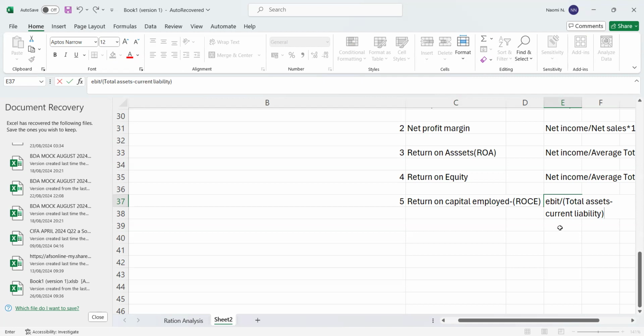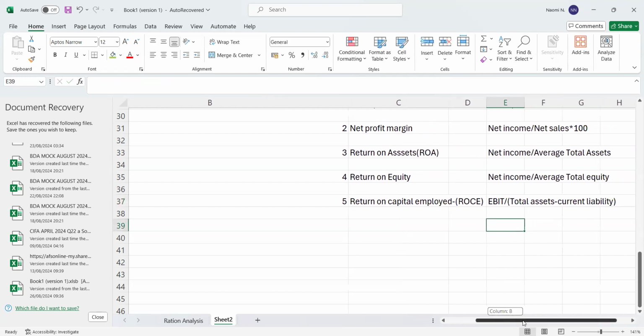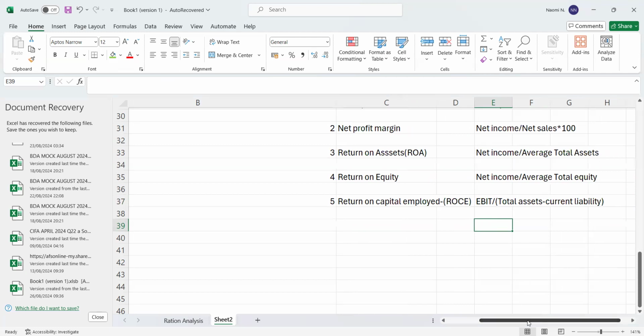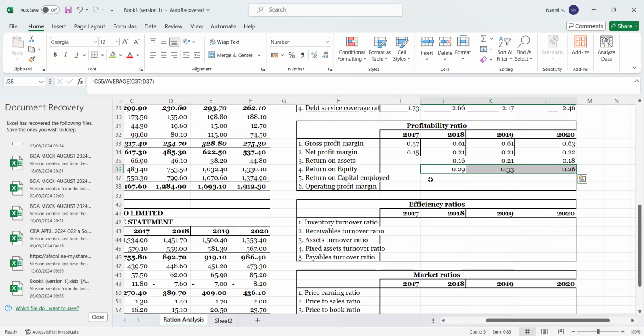Okay, we can do this one, the last one, then we meet in the next lesson as we finalize on this issue of ratios. So return on capital employed is EBIT divided by total asset minus current liability, guys. So let's do it very fast.